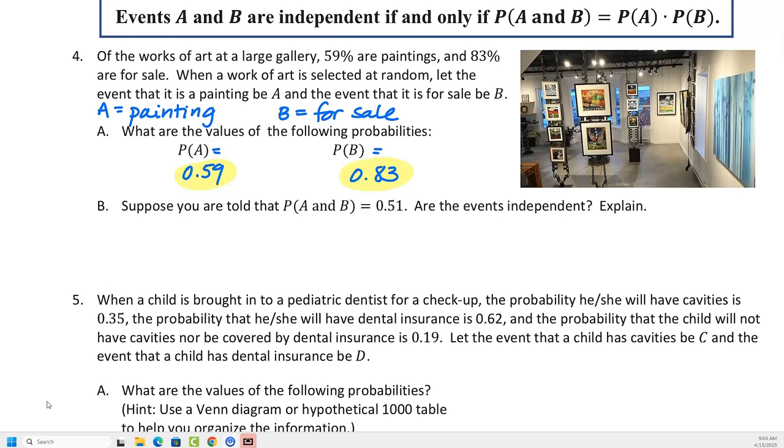It says, suppose you're told in part B that the probability of A and B is 0.51. Are the events independent? Explain.